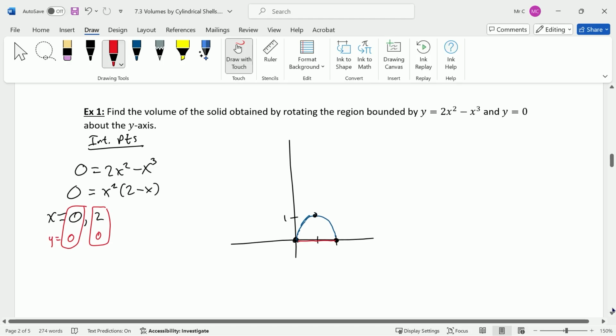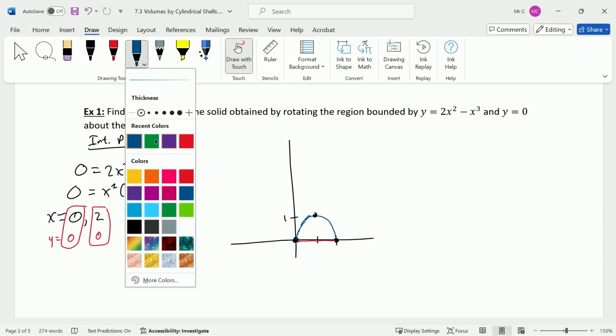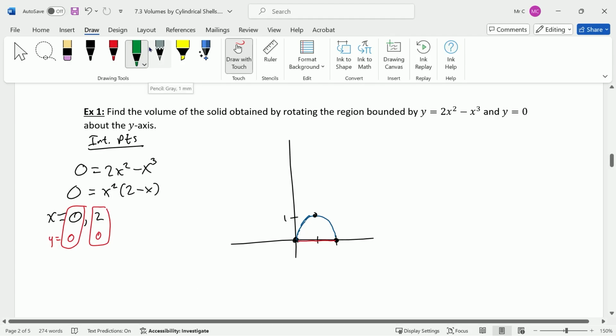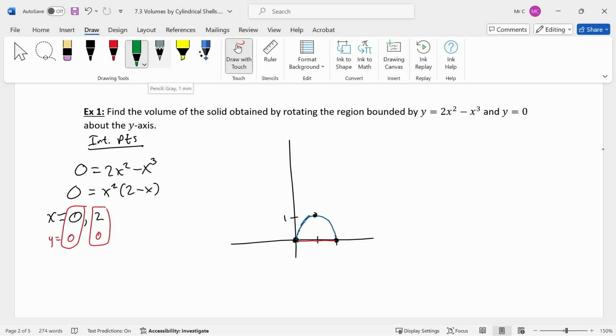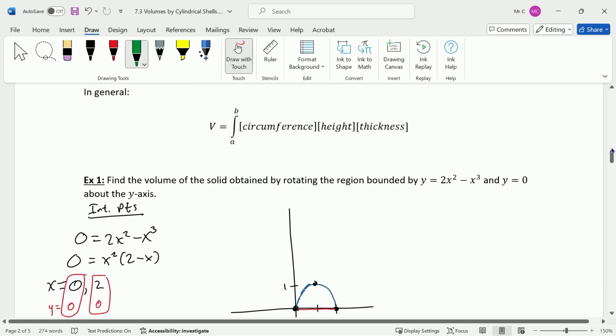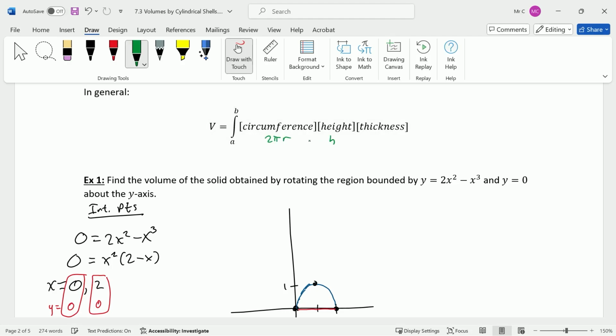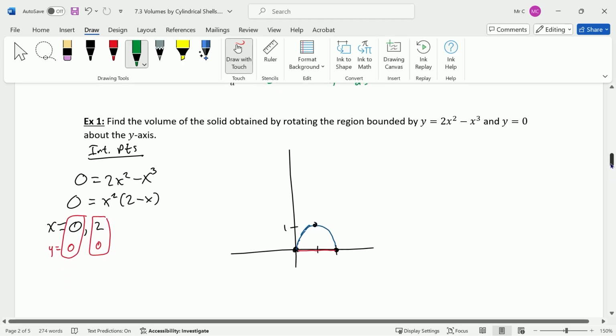Now, we're trying to rotate this about the y-axis. So what I want to see for your cylindrical shells is I want to be able to identify what the radius is, right? Because what are we looking for? Circumference times height times thickness. Circumference is 2 pi r times the height times the thickness, whichever is appropriate for the problem. So I want to see you draw basically a rough shell. So we've got a top and bottom function.